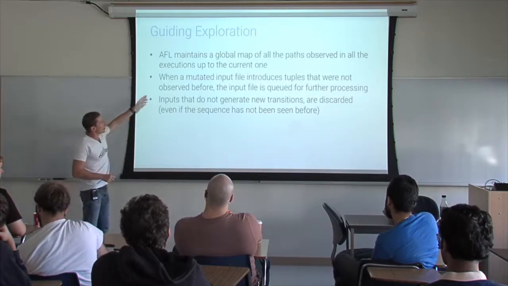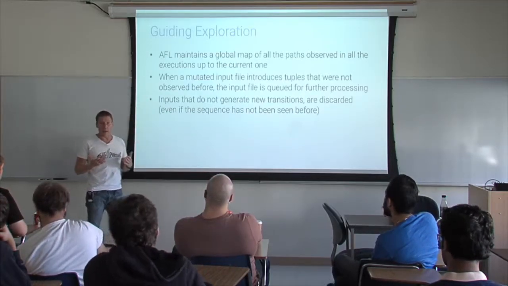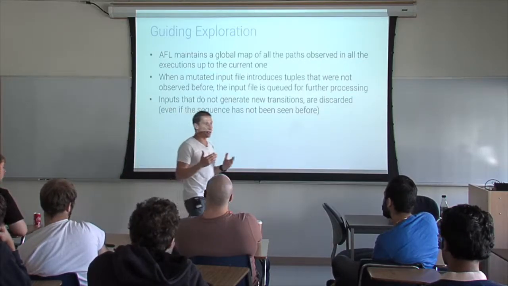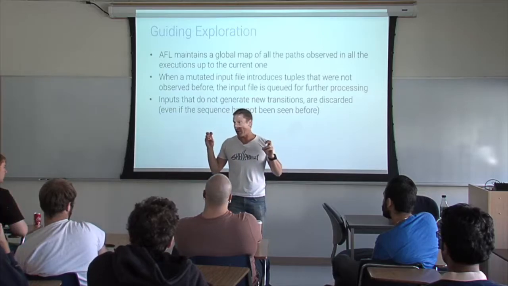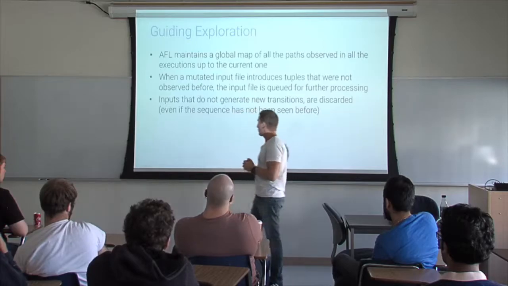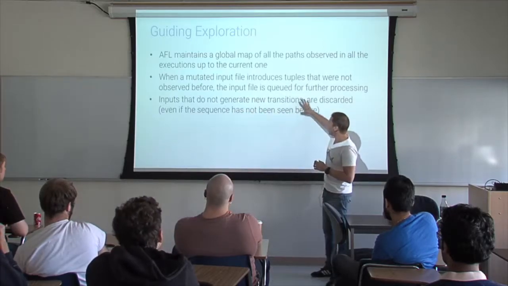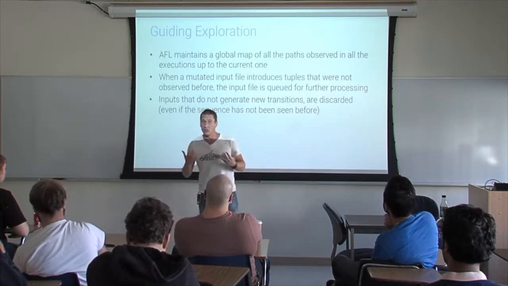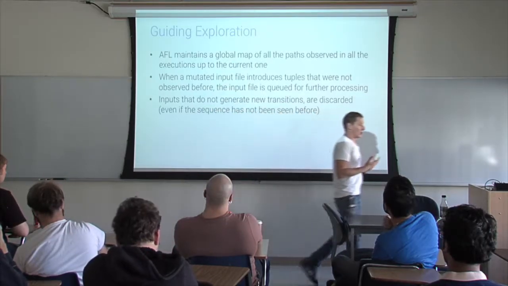And when a new file introduces tuples that I haven't seen before, that file is promoted as a better input, something that we should work on because we're exploring a new part of the program. And inputs that do not generate new transitions are not necessarily promoted.